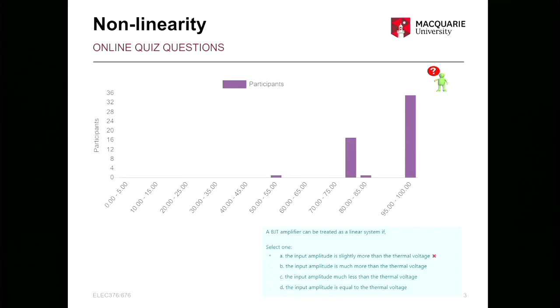One of the most frequently made mistakes is this last question: a BJT amplifier can be treated as a linear system if... what is the answer? Yeah, the input amplitude must be much less than the thermal voltage, right? It's the 25 millivolts.